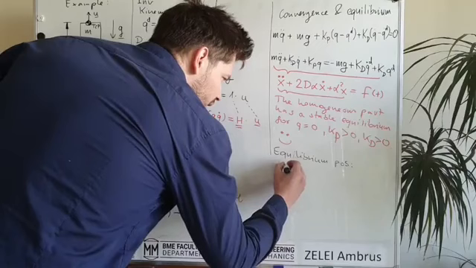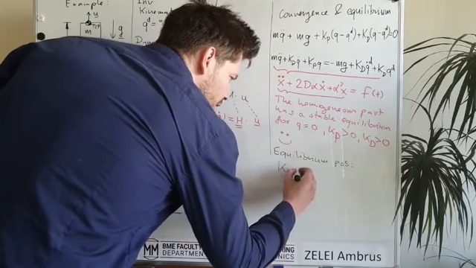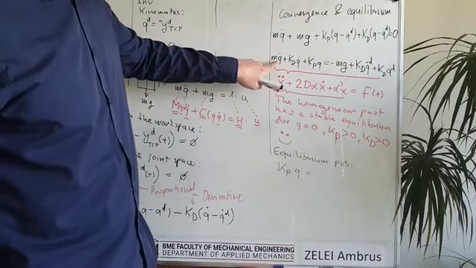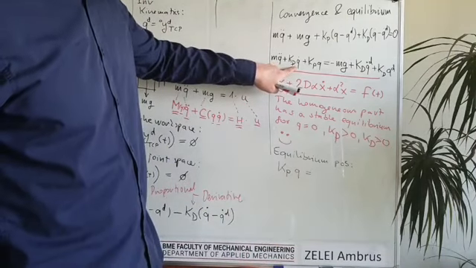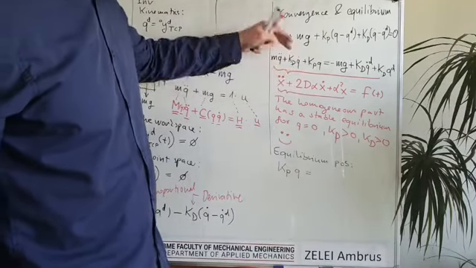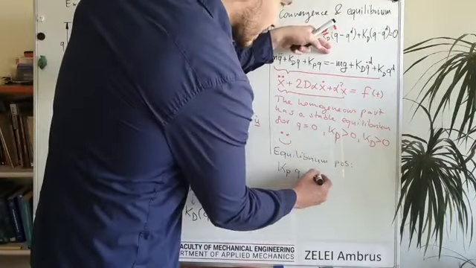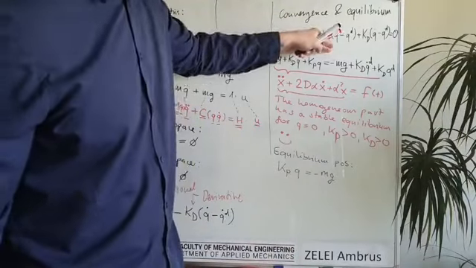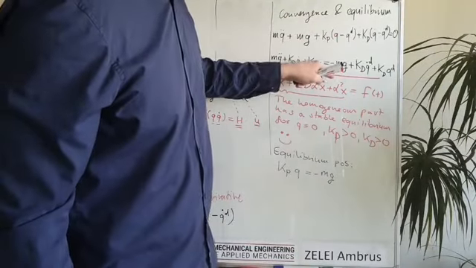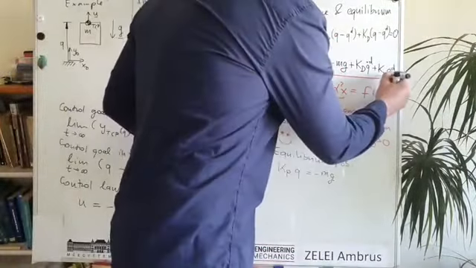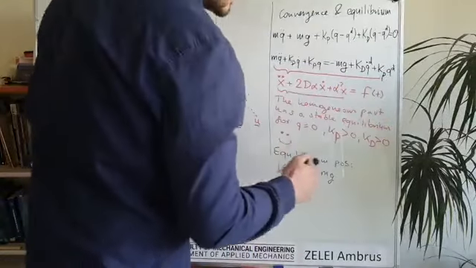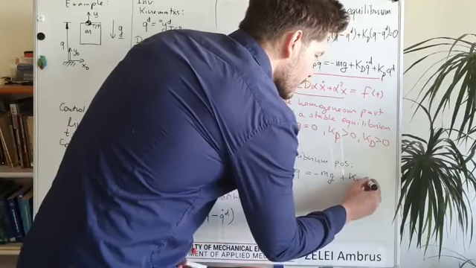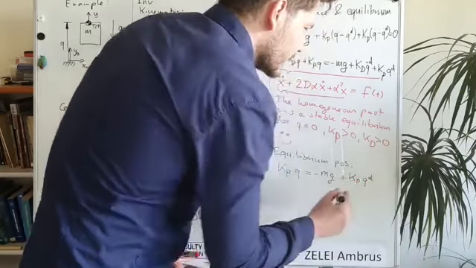So finally kp times q equals, this is 0 because it's not moving yet, minus m times the gravity plus kp times q desired.